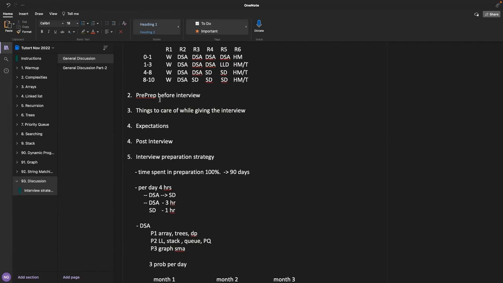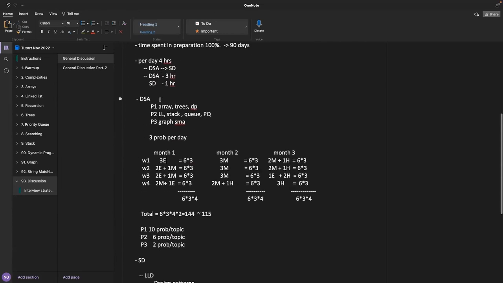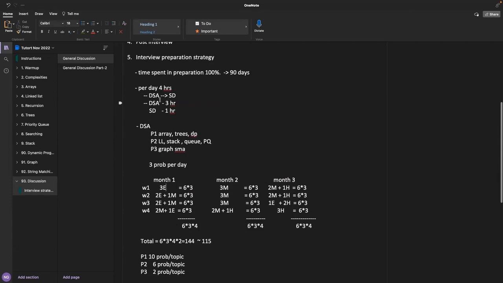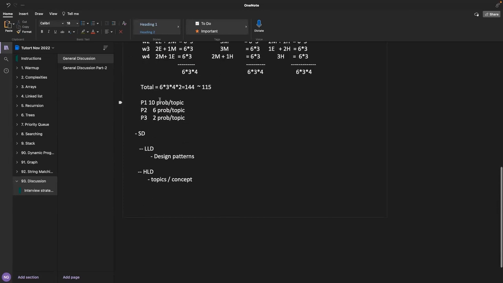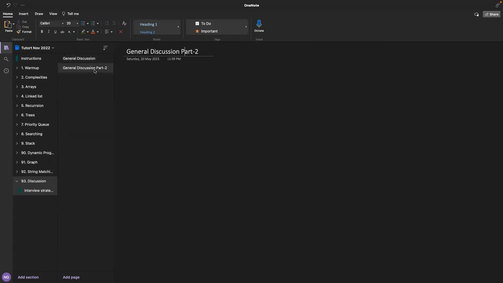We also covered what to take care of post interview and what your interview strategy should look like. We have seen both DSA and system design, and we answered a few questions, like how it is possible to move from a service based to a product based company, and other individual specific questions. Today's discussion we are going to start from resume building.